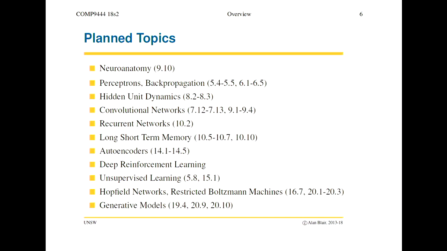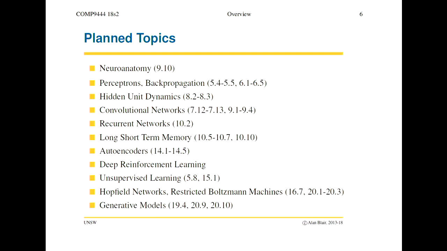If I try to divide it into chunks, there's the neuroanatomy and the perceptrons, and the hidden unit dynamics is maybe the more traditional material, so the brain, parts of the brain that motivate these things, and then the early neural networks and analysis. Then the convolutional networks are to do with image processing.